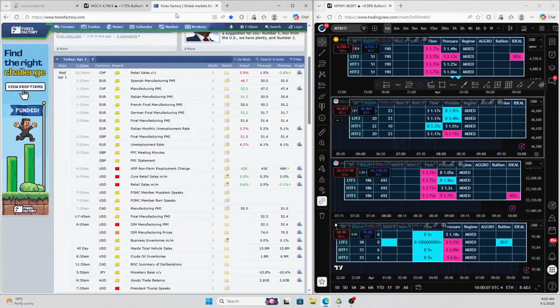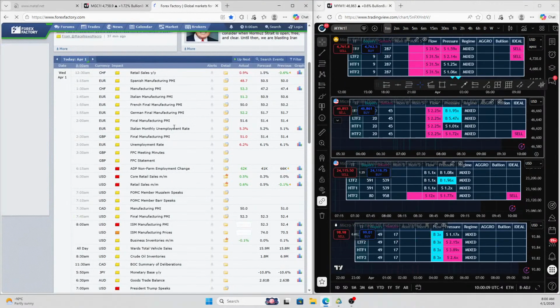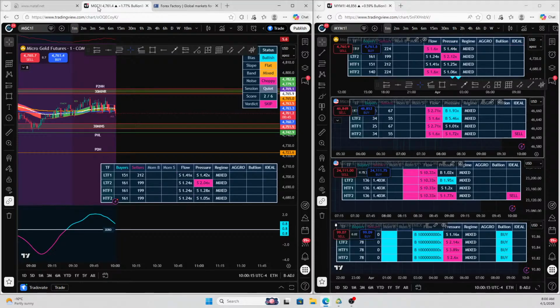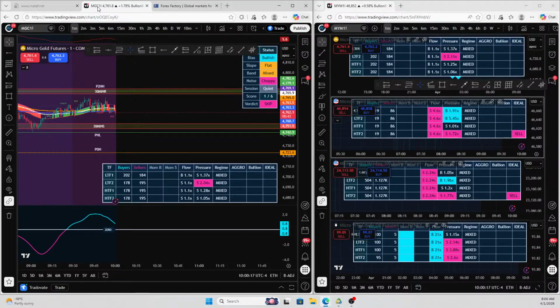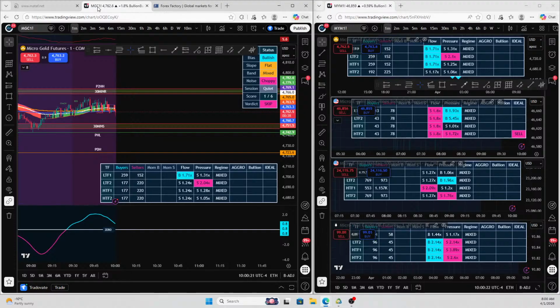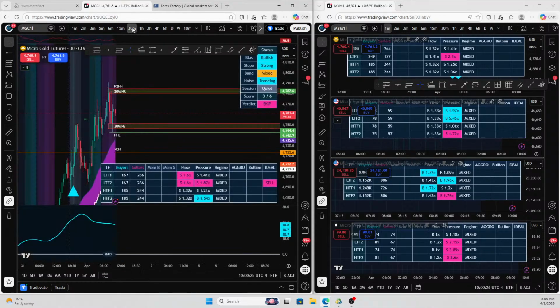So let's see what the news was. Okay, the news is pending. Nothing is out yet. We'll go to 30-minute support and resistance.